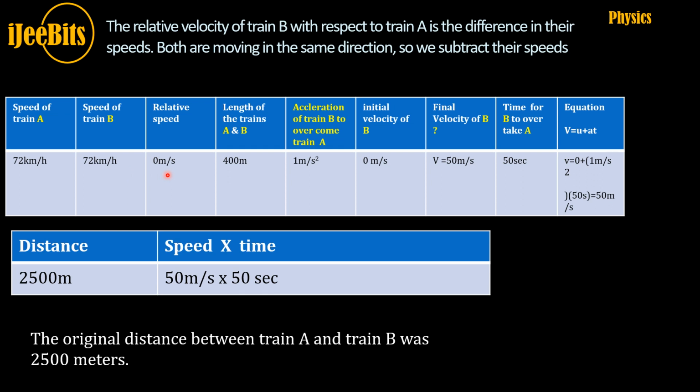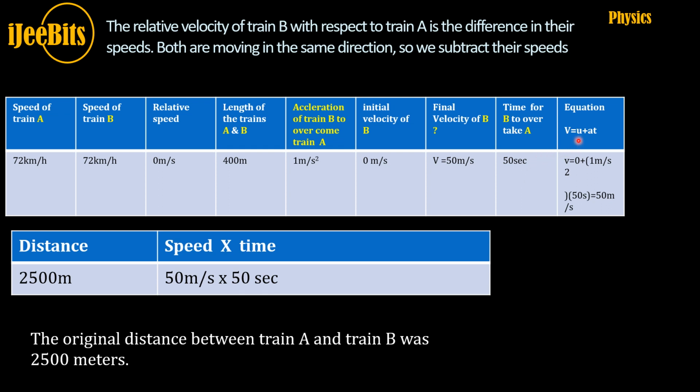This we take as the initial velocity of train B. In order to overtake train A, B accelerated at 1 meter per second square for 50 seconds.